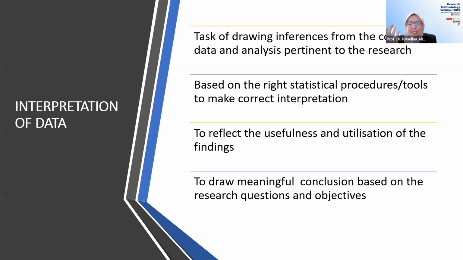Let's go to the basic one. If the mean and standard deviation say that the mean of the instrument is 4.0, what does it mean? It means the majority of the respondents are inclined to agree with the items or statements.